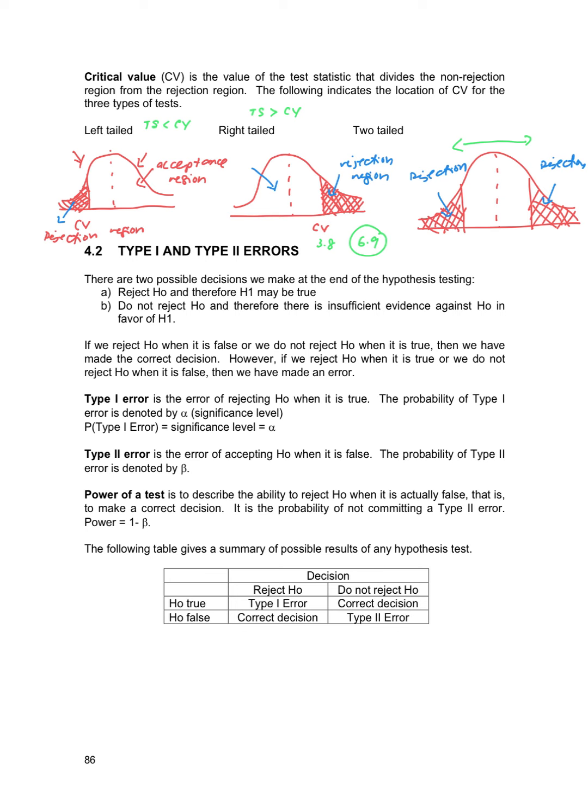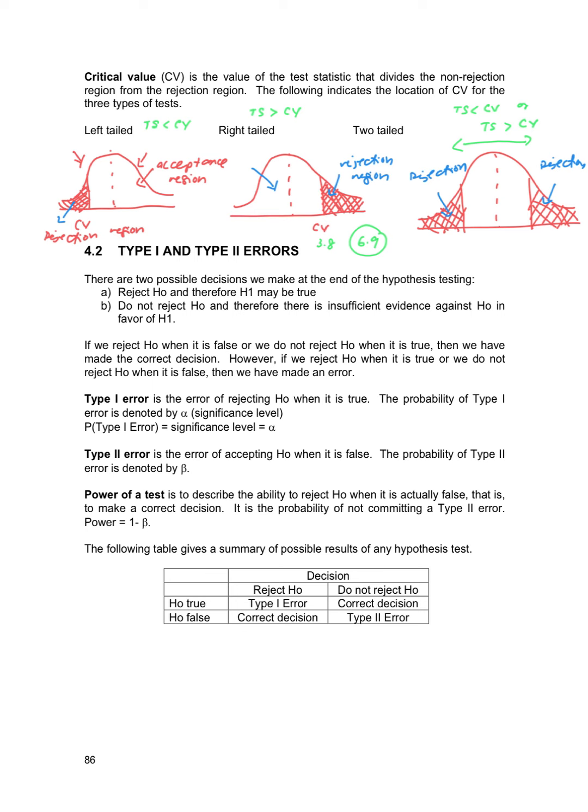Okay, untuk two-tail kita akan reject if test statistik less than CV satu, ataupun test statistik greater than critical value. Dia ada dua lah. Sama ada value dia either positive or negative.